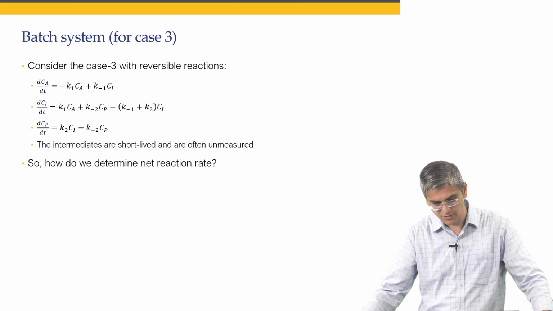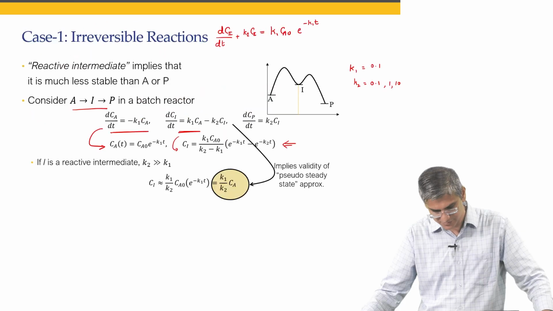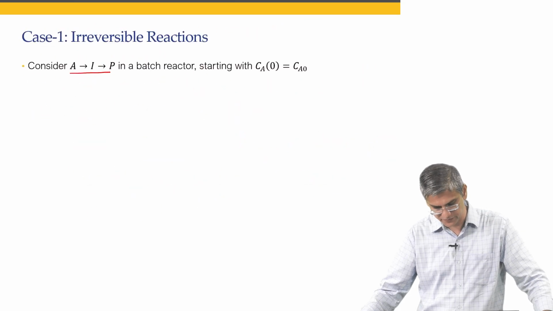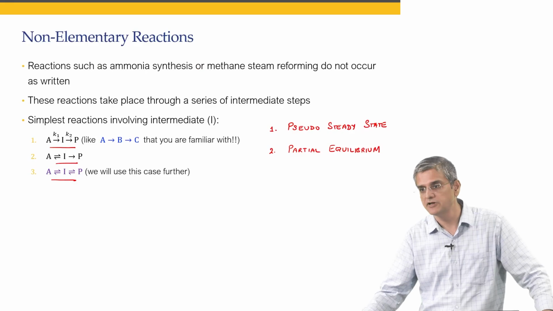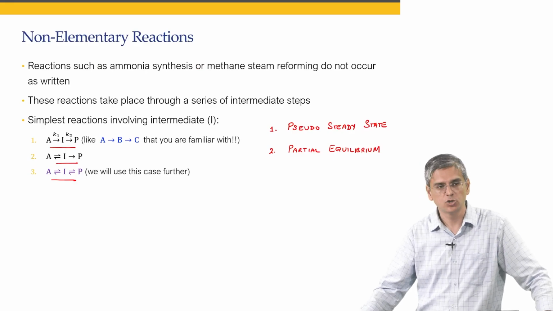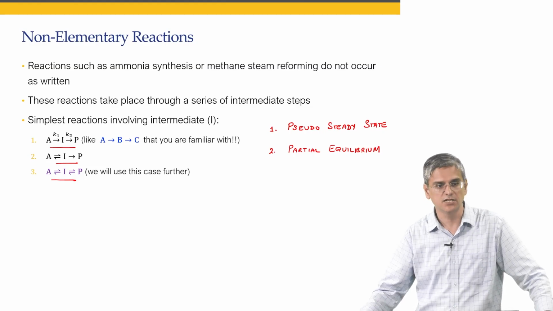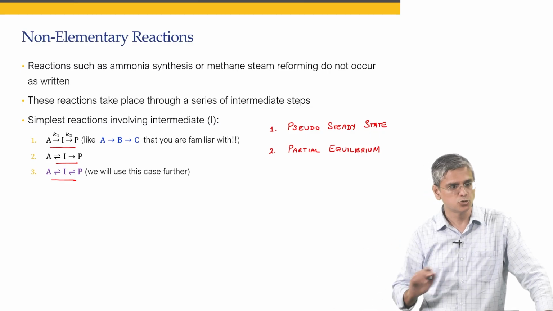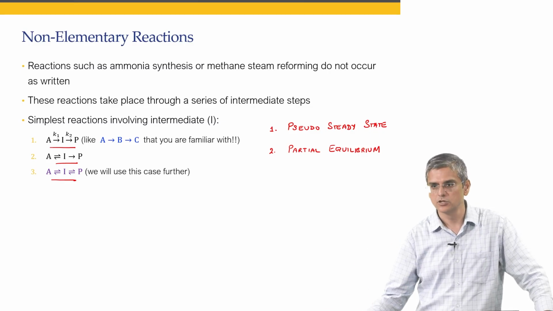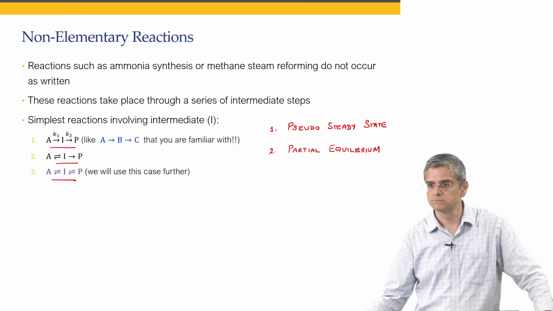Now, this is where I will leave you, and this is what we will start in the next class, and then we will jump directly to Michaelis-Menten and the HBR. So, we will run the next class in a pseudo tutorial mode.